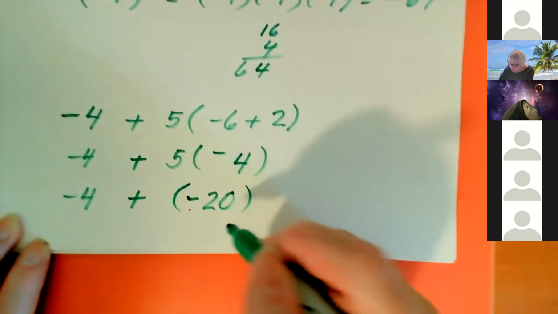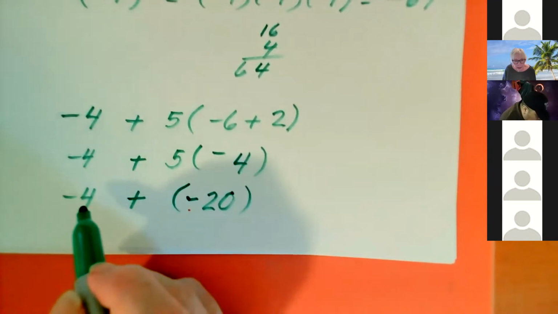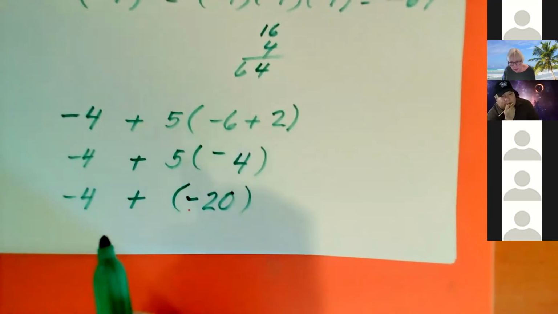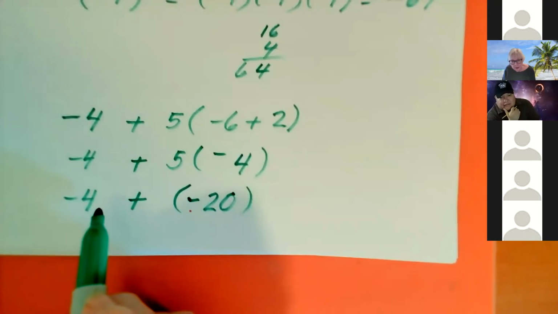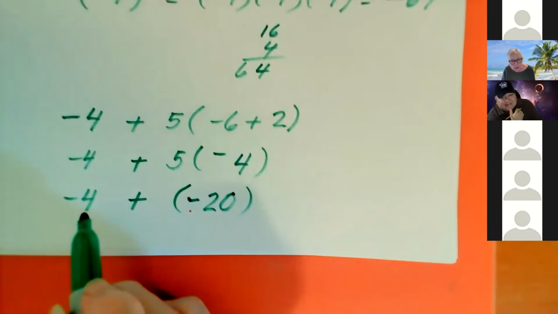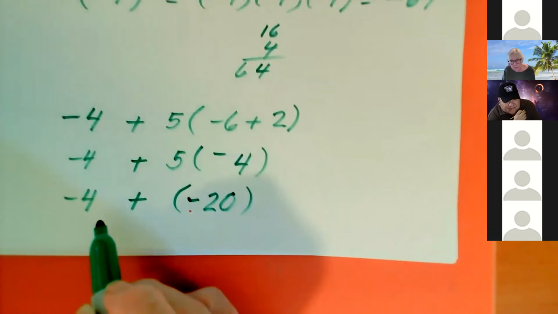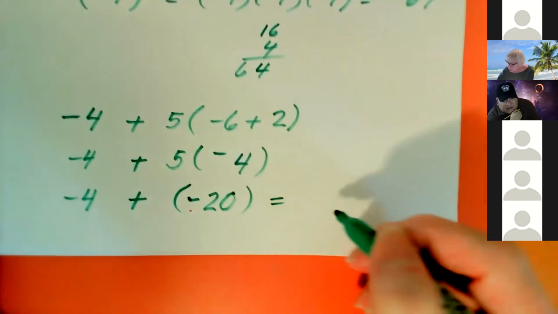But in some ways, they might have included parentheses so that it's extra clear that it's a -4 plus a -20. With addition, you don't need to be changing anything. You just need to do it. This is that very bad day scenario, or a very bad thing with your bank account. You owed $4 and then you wrote another check for 20. And so now you're really in the hole. Right? And so you end up with the 4 and the 20, -24.